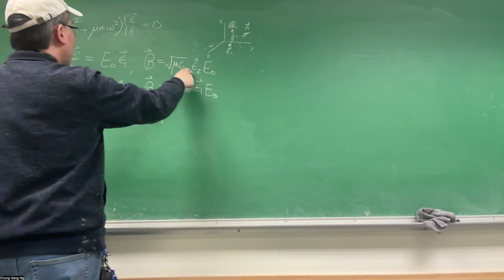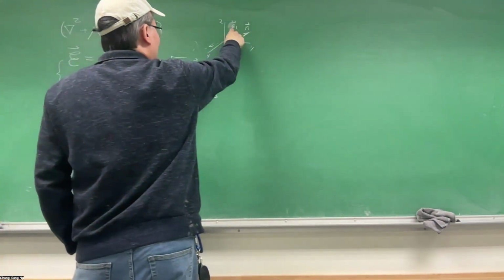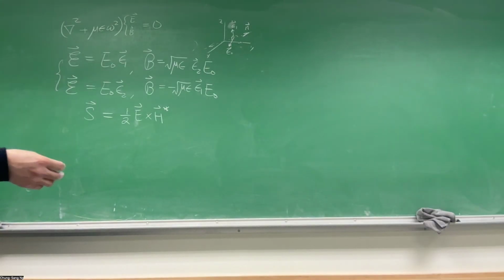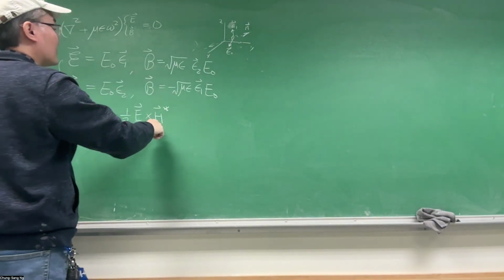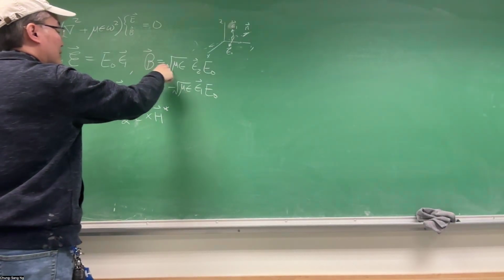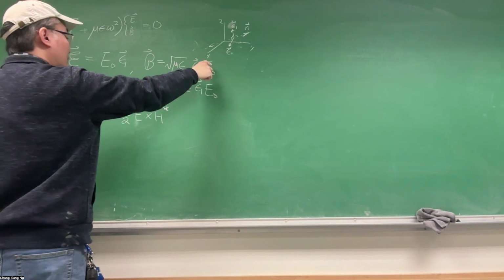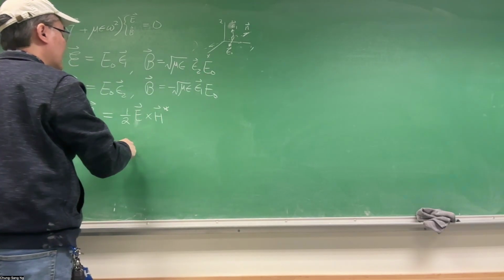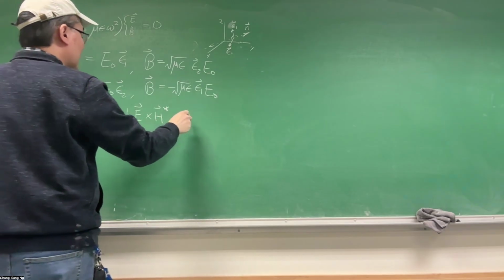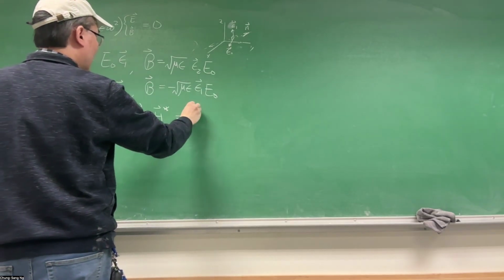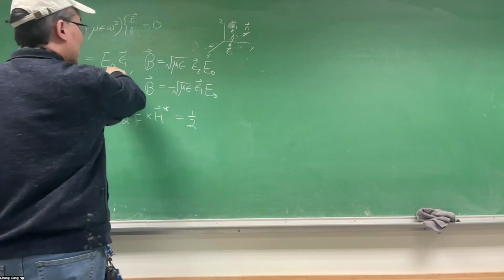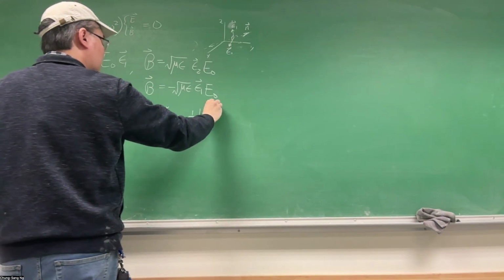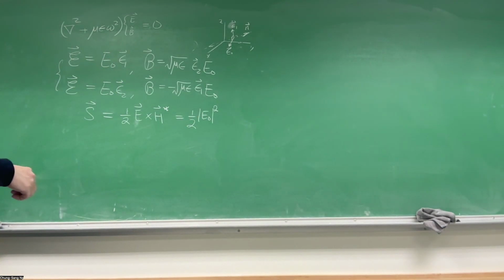Say for this one, and then again, assuming that these coordinate vectors are real, we don't have complex vectors. We take the complex conjugate of this one. It's just B over mu, and then take the complex conjugate of just E sub 0, since only E sub 0 is complex. And so that comes in as 1/2 E sub 0 times its complex conjugate, which is the complex magnitude squared, right?